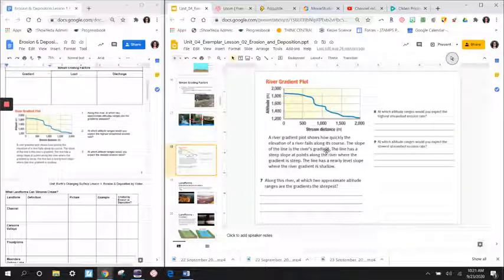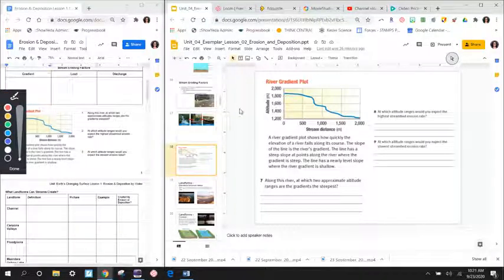So we're going to answer a few questions here, number 7, 8, and 9. Along this river, at which two altitude ranges are the gradients the steepest? So to look at the altitudes, we're looking here at this section in through here. This is your altitude, 2 of them. So select 2.